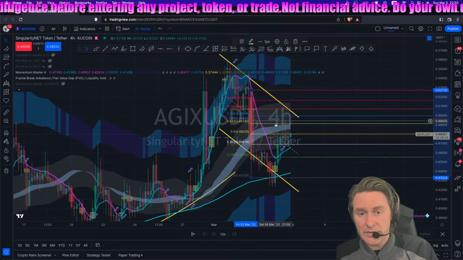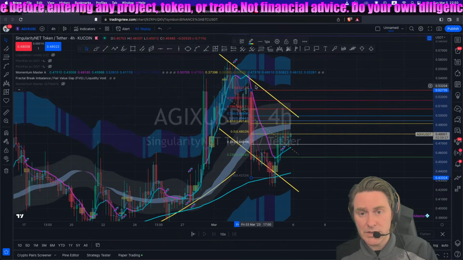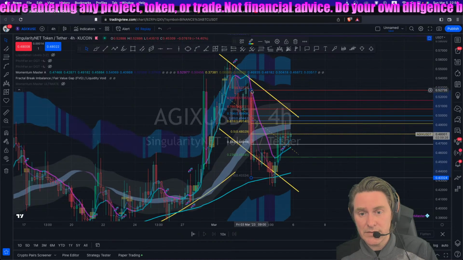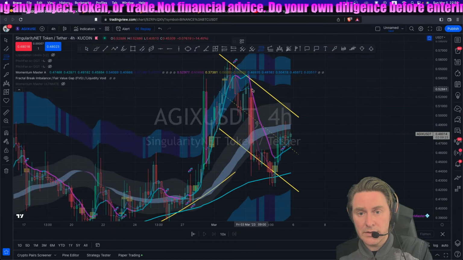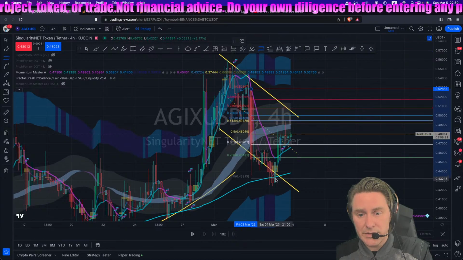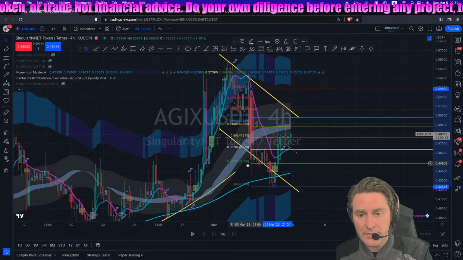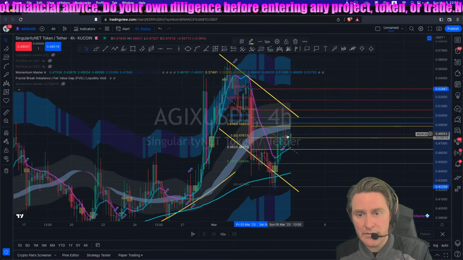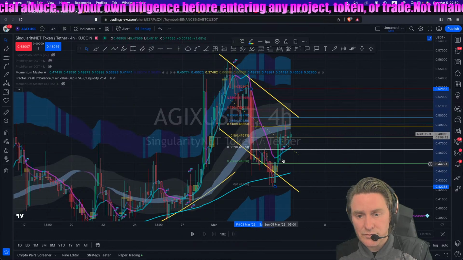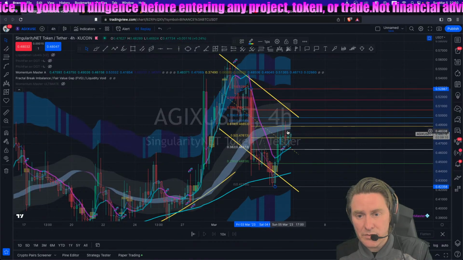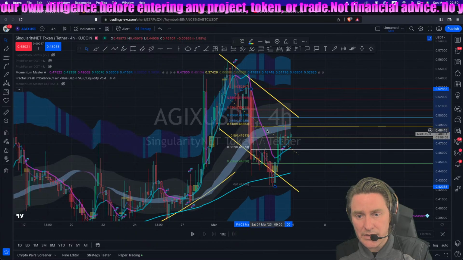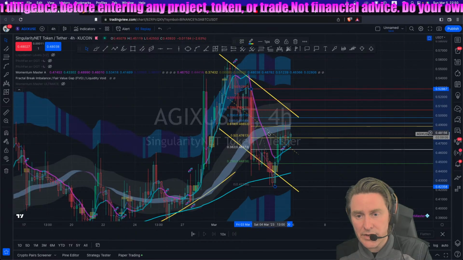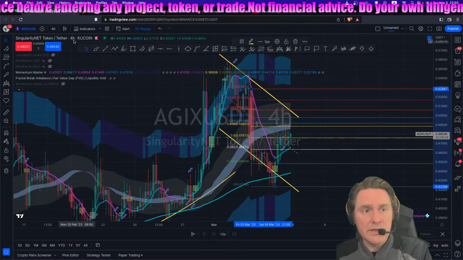That's just a recovery of the vector situation. 0.706, 0.65, and you're getting into that golden pocket wickage area. The cloud is still thick but starting to curve on you.